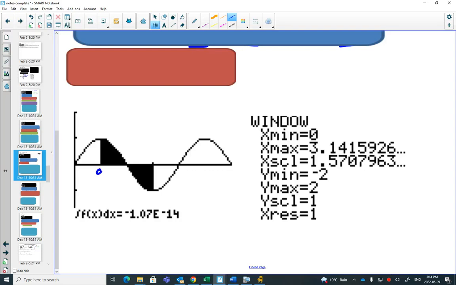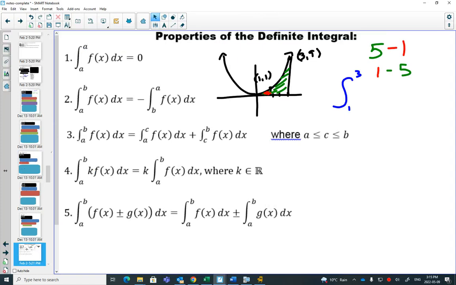So you could figure out from A to C and make that positive. Then figure out from C to B. You'll get a negative number, but since you want the actual area, you'll take the absolute value of that and make it positive. And so that is the purpose and the reason why item number 3 is important.